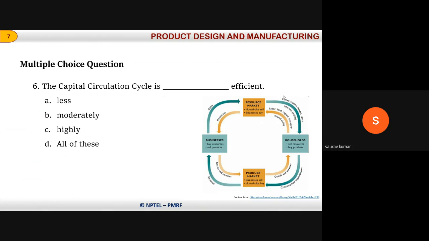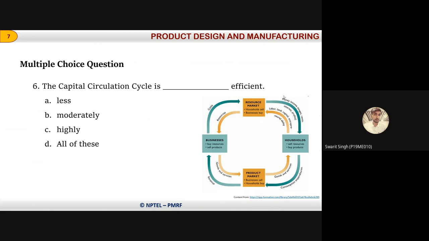Land, capital. Product, market. Sir, I don't know the answer to this question, basically.